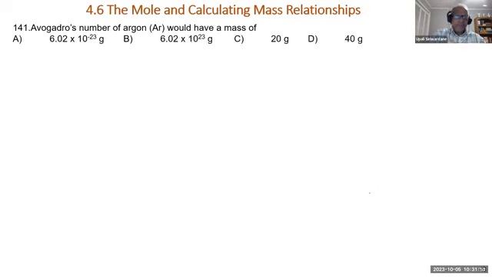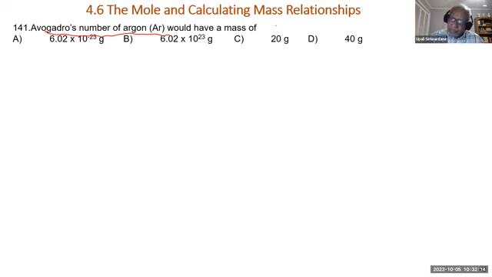Let's check this question. Avogadro number of argon atoms. Avogadro number is 6.02 times 10 to the 23. Have a mass of? What is the mass of argon? 1 mole of argon is the question.